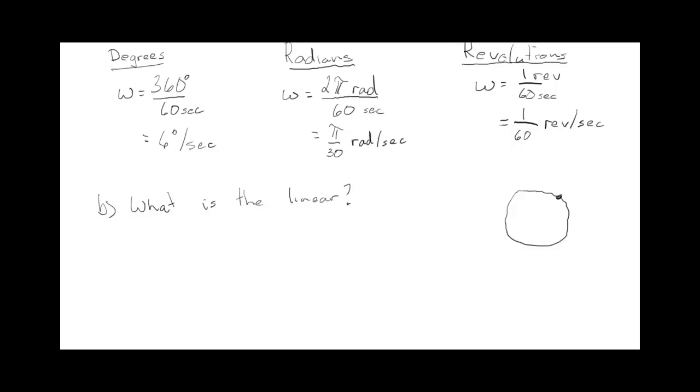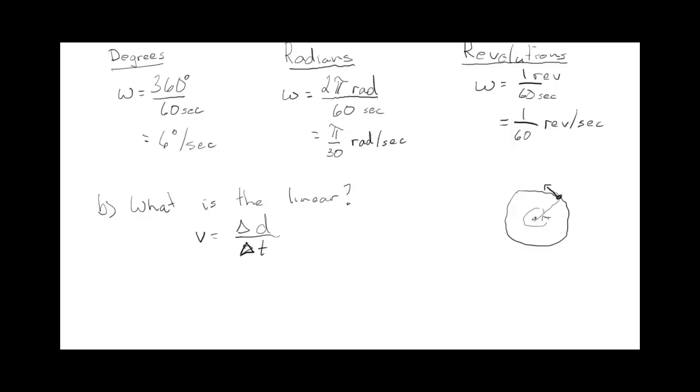The angle is changing, obviously, as it goes around. But the car's linear velocity at any time, assuming it's going at a constant speed, remember v is equal to the change in distance over the change in time.